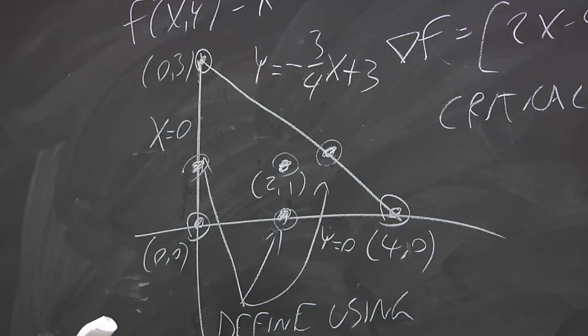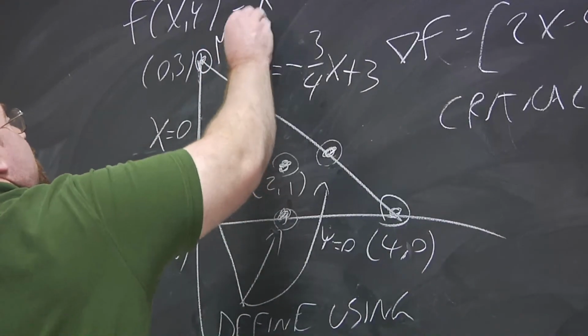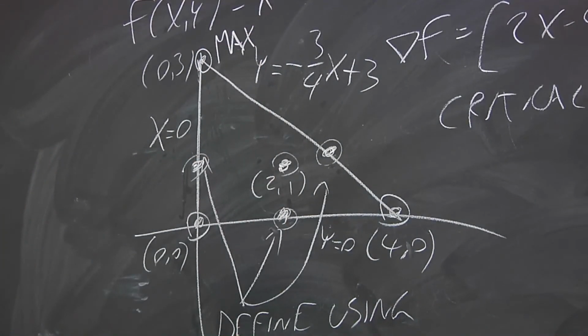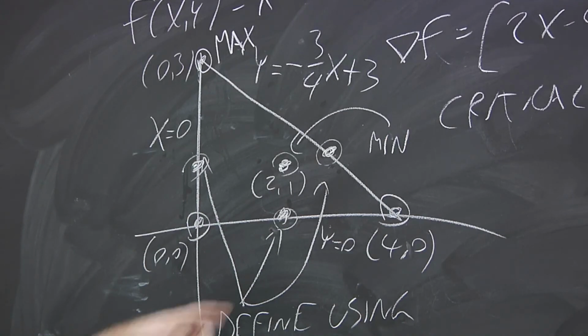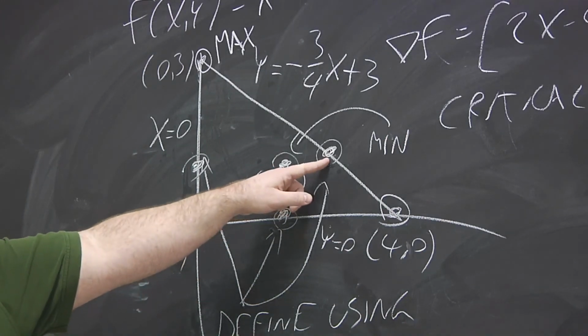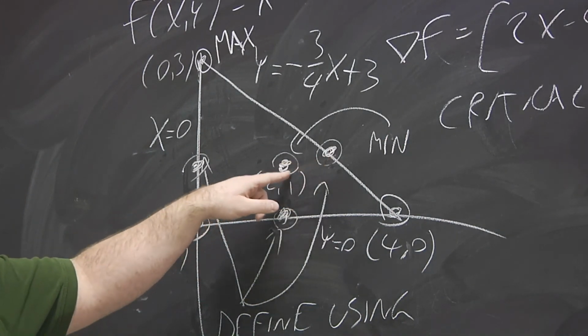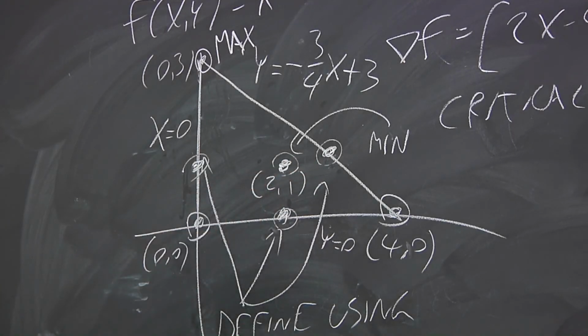So what happens in this case, this vertex turns out to be the max, the largest function value of 9, and then the absolute minimum is at this point. It's at -7. This one was pretty close to the min, but this function value is just a little bit lower. And there you have it.